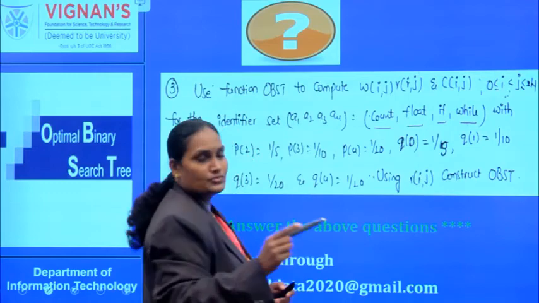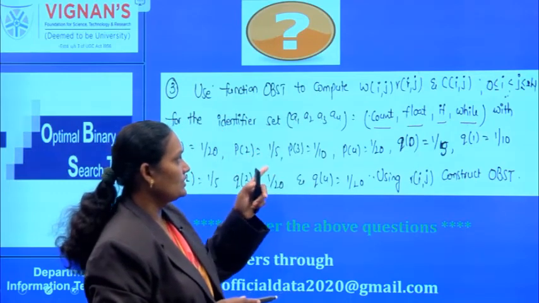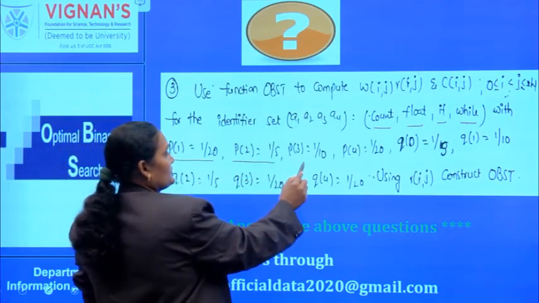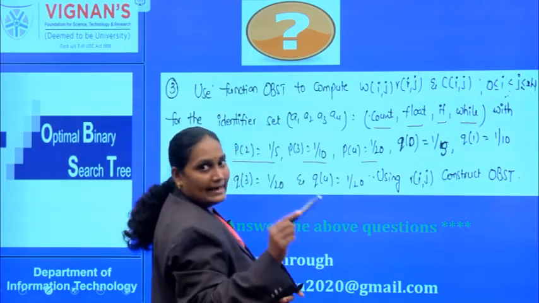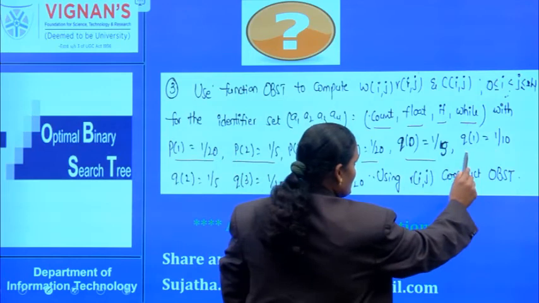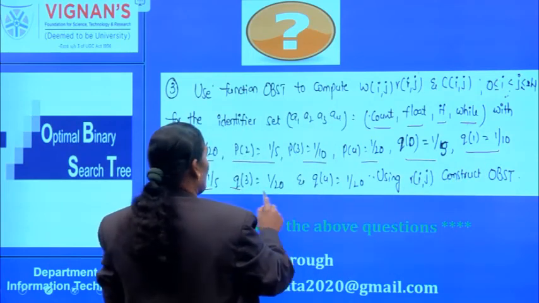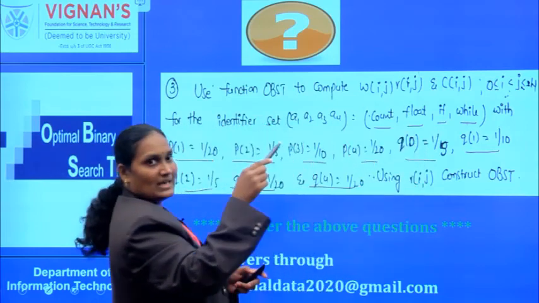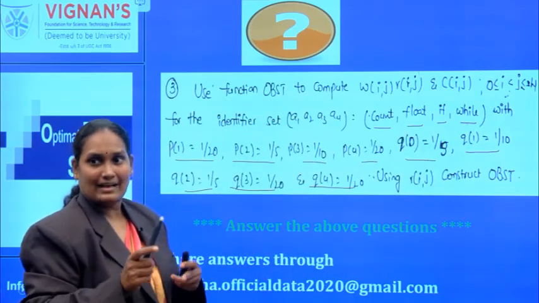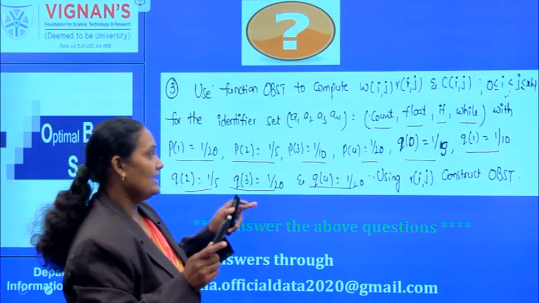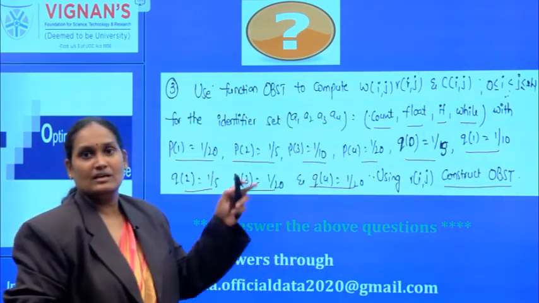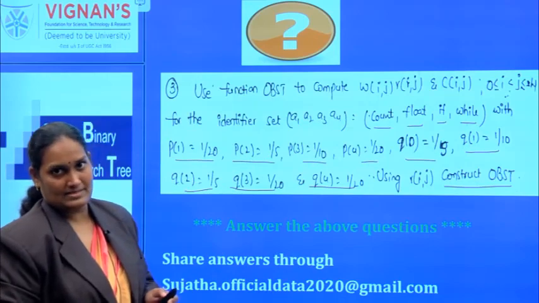I have given 4 identifiers and their probabilities P of 1, P of 2, P of 3 and P of 4, and also the dummy probabilities Q of 0, Q of 1, Q of 2, Q of 3 and Q of 4. You need to find the table of weight, root and cost values of the binary search tree, and also construct the optimal binary search tree with the given identifiers.